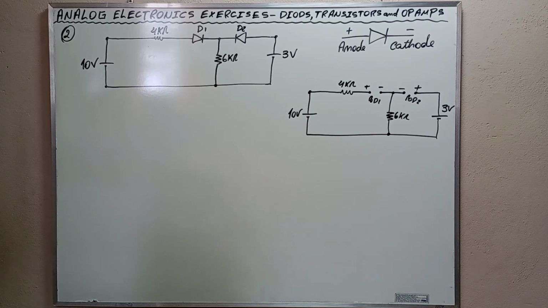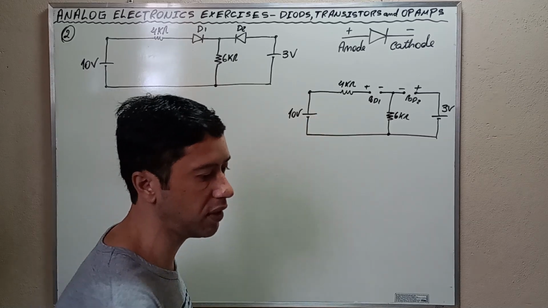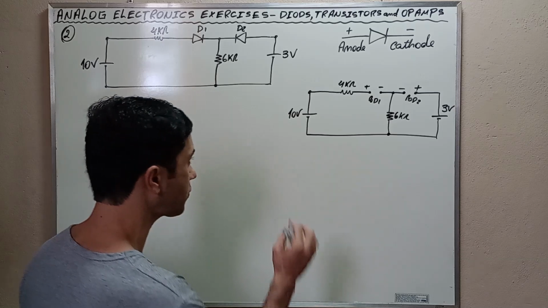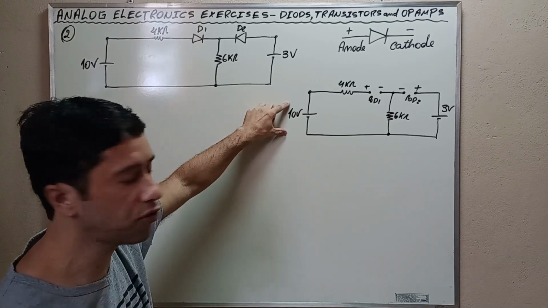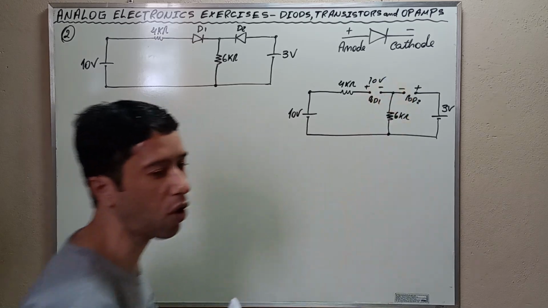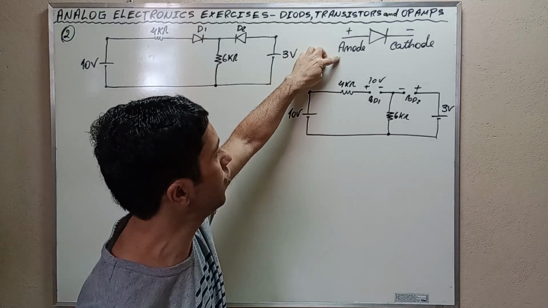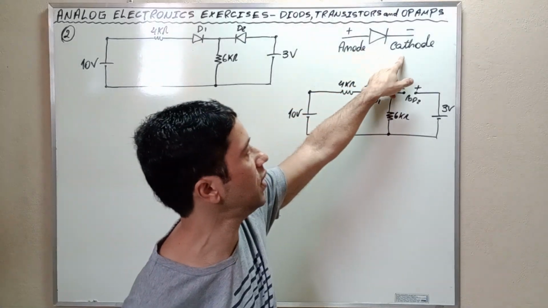Then, if there is no voltage drop across the 4 kilo ohms resistor, VD1 is 10 volts. This voltage here is going to appear here, 10 volts, because there is no current, and as there is no current, there is no voltage drop, and thus VD1 is 10 volts, which contradicts the assumption that D1 is off, because the anode of D1 is higher in potential than its cathode.